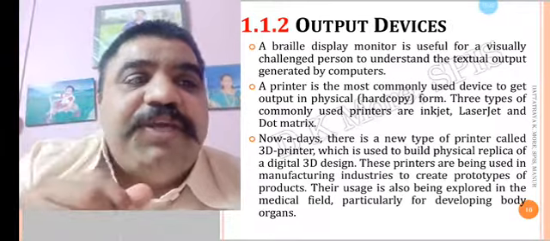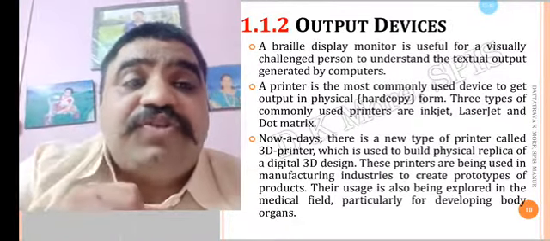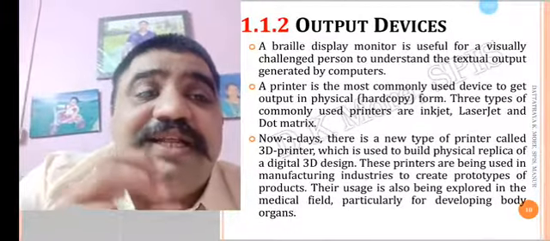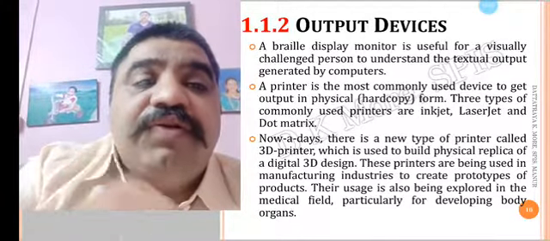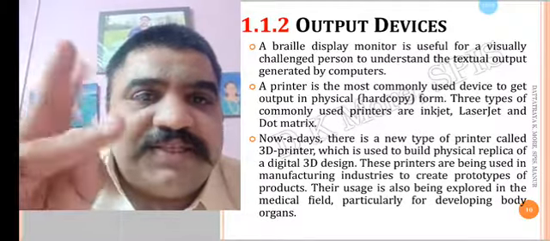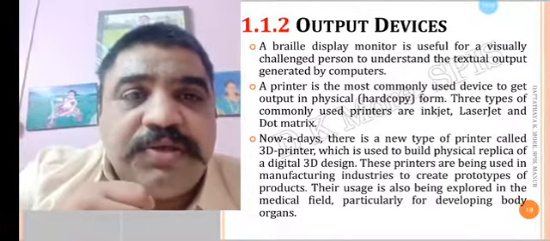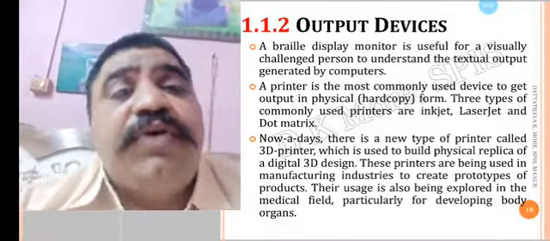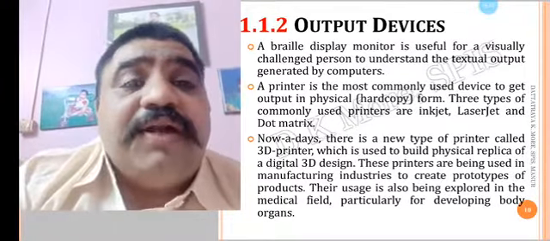These printers are being used in manufacturing industries to create prototypes of products. Their use is also being explored in the medical field, particularly for developing body parts like hands, limbs, we can say, or fingers, ear lobes, sometimes nose, lips, like this. Even kidneys are also being tried.